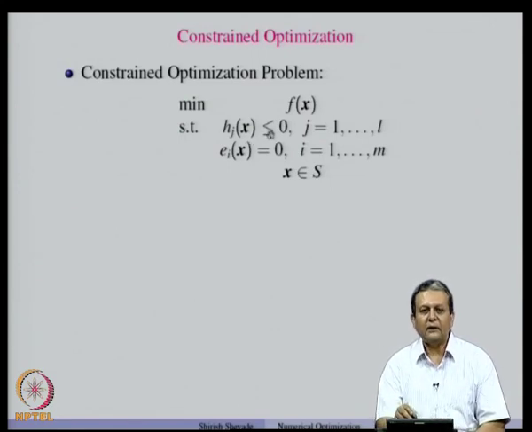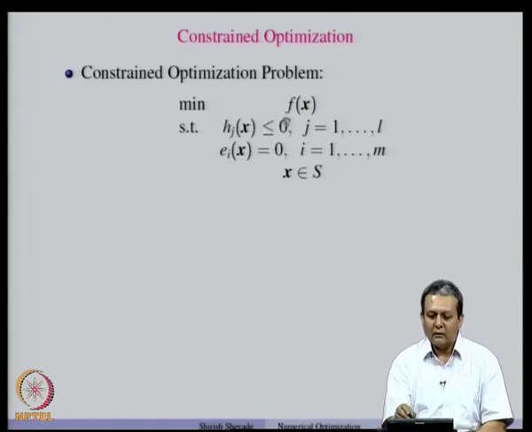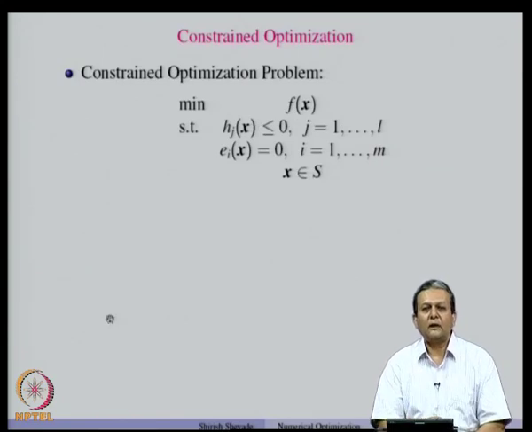These are the inequality constraints. Then there could be some equality constraints, e_i(x) equal to 0. There are L inequality constraints, M equality constraints, and further x belongs to some set S. All these together form the constraint set or the feasible set of this problem. Sometimes it is also called the feasible region.